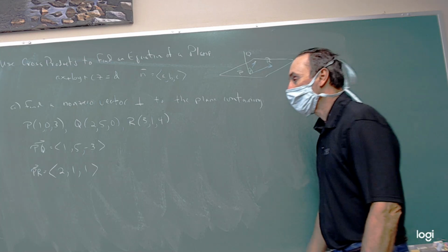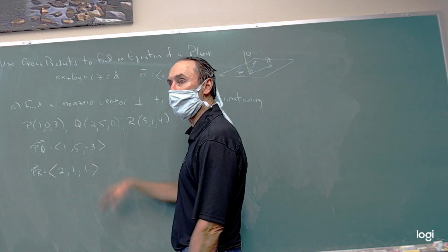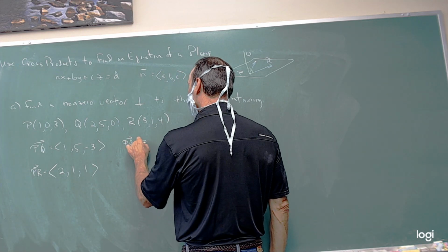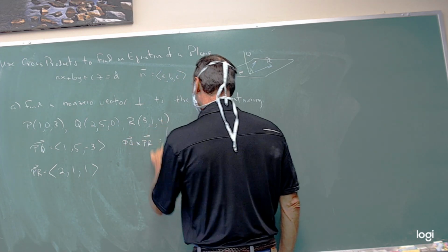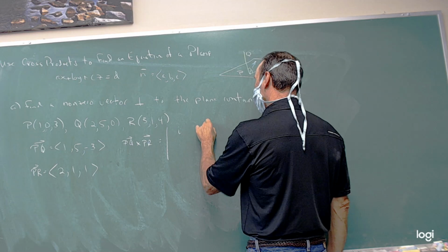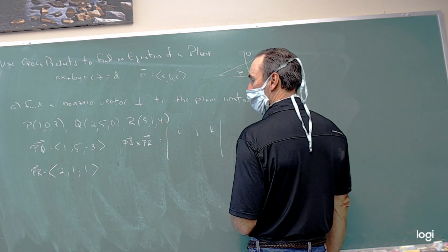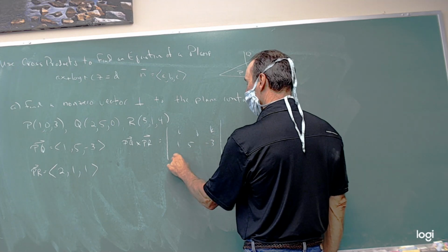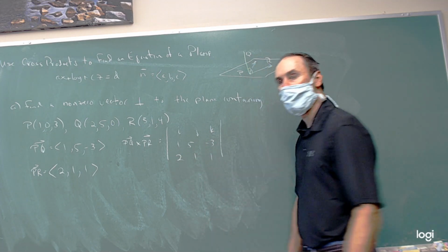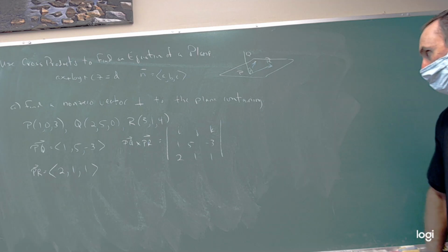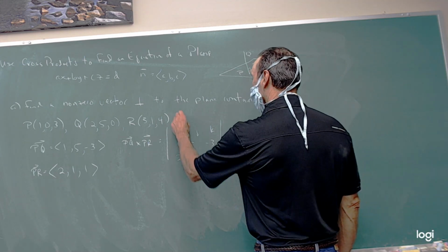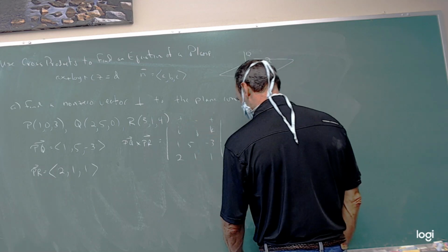So either one's going to be perpendicular to both of the originals. So if we go PQ cross PR, we've got i, j, k. PQ is 1, 5, negative 3, and PR is 2, 1, 1. Remember your sign pattern: plus, minus, plus.